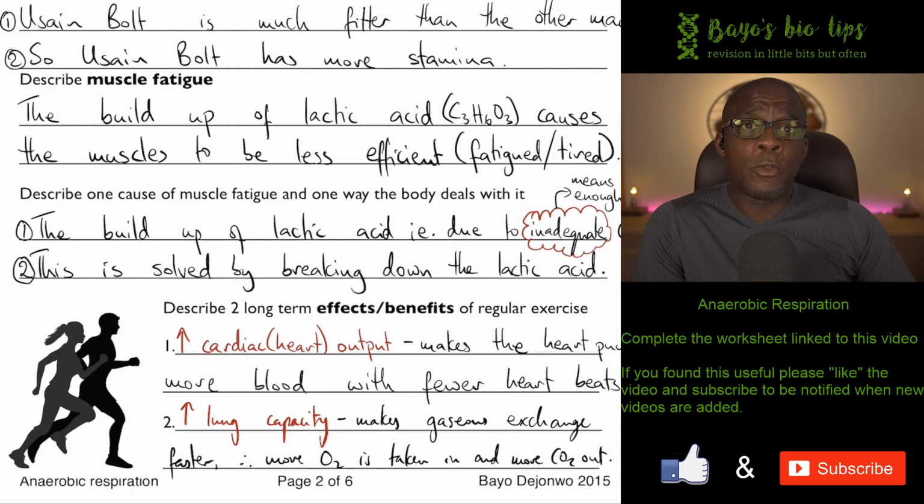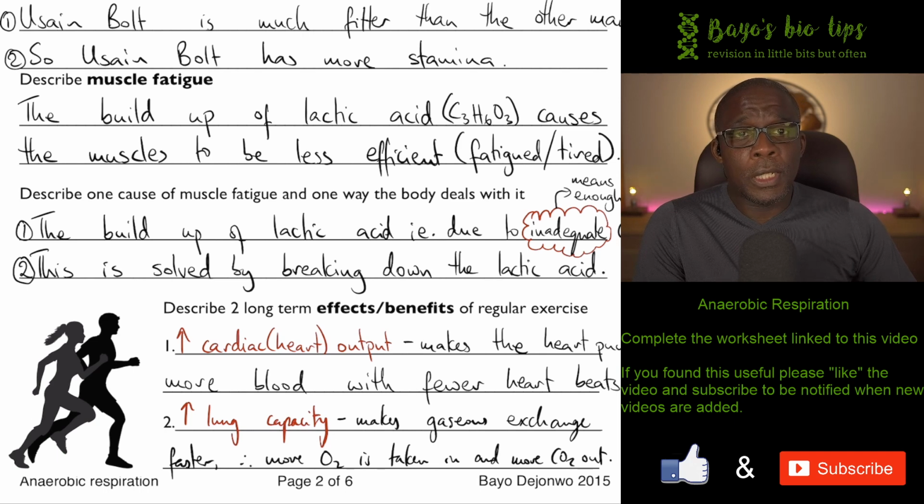Your cardiac output is how much blood your heart can pump out with each beat. With very fit people, their hearts can pump greater quantities of blood with fewer beats than an unfit person. The net effect of that is that oxygen and glucose can be supplied to the muscles faster in fitter people.